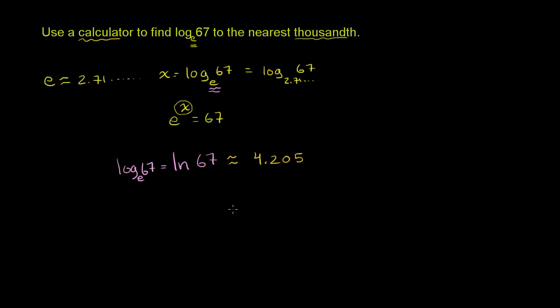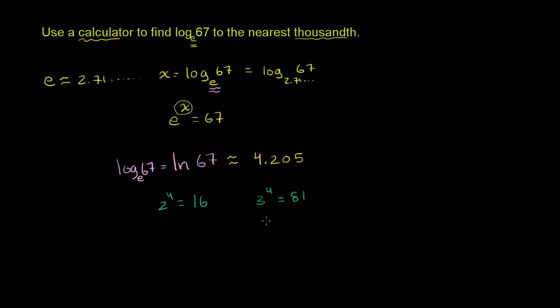So this is approximately equal to 4.205. And it actually makes a lot of sense because we know that e is greater than 2, and it is less than 3. And if you think about it, 2 to the 4th power gets you to 16, and 3 to the 4th power gets you to 81. 67 is between 16 and 81, and e is between 2 and 3.